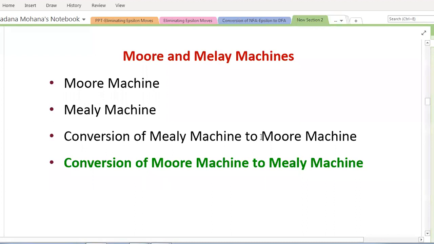So till this we discussed in our previous lecture. Now we will continue with the other alternative conversion, that is conversion of Moore machine to Mealy machine.